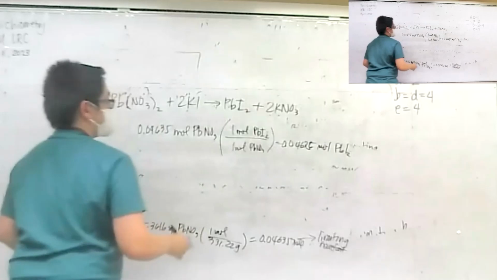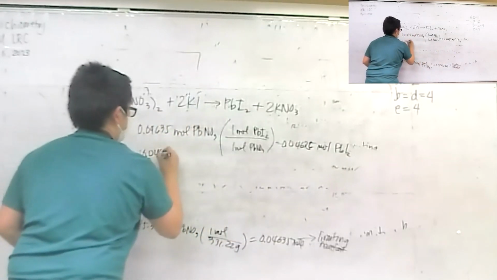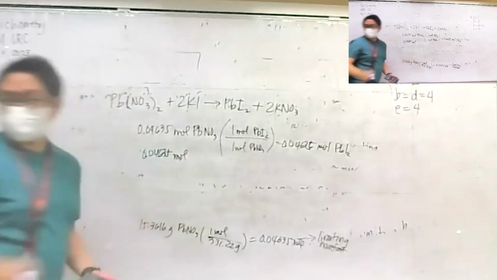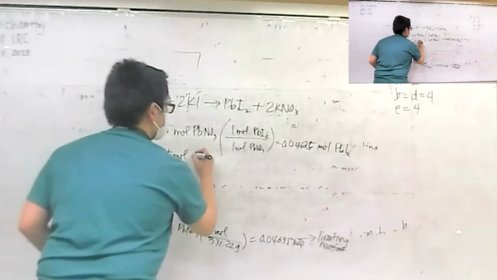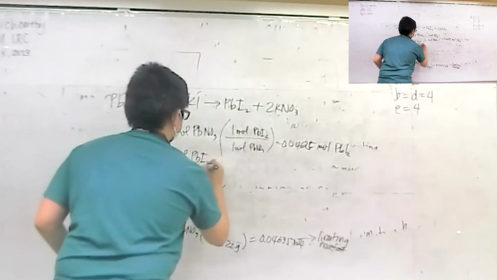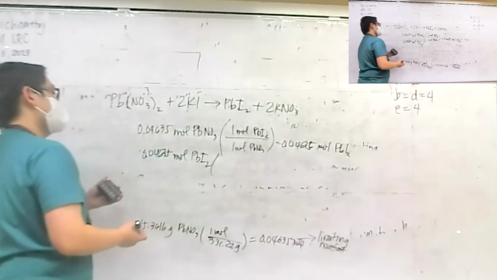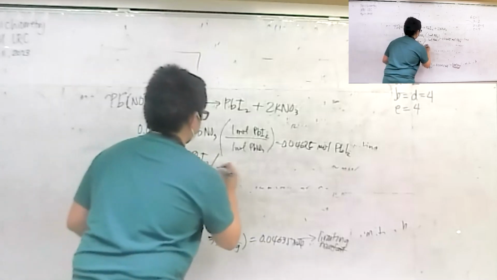And then, since we now have the moles of PbI2, we convert that to grams. Since gusto nga natin how many grams of PbI2 should form. So this is easier kasi nga hindi naman natin kinukuha yung percent yield. Kinukuha natin is yung theoretical yield with PbI2.